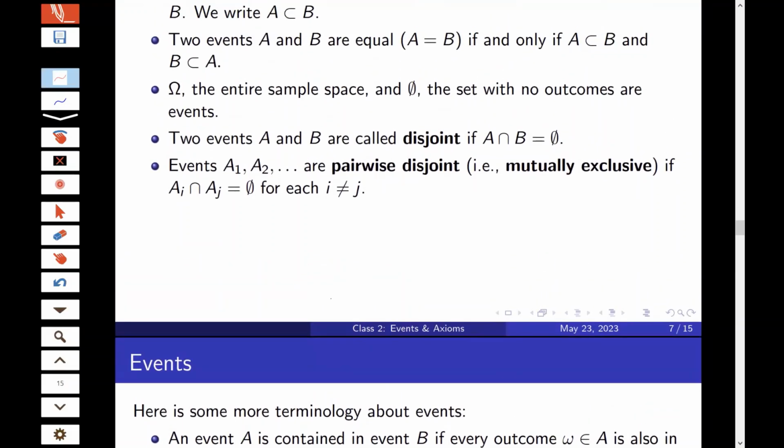The next concept is called pairwise disjoint events.